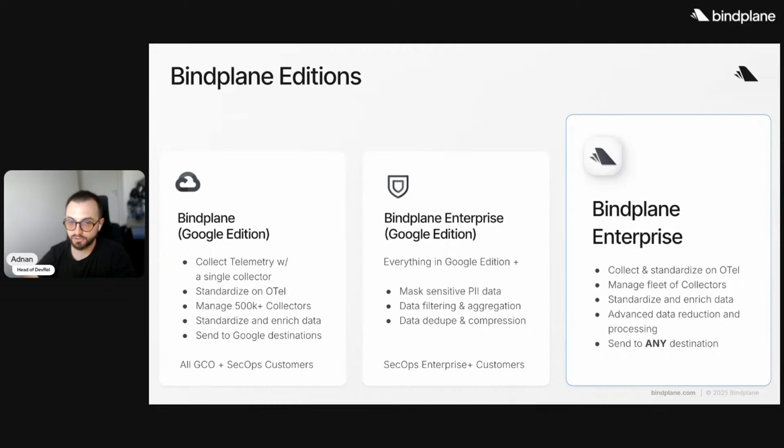So that means if you're migrating away from another SIEM or whatever else observability backend that you're using, you can do that very effortlessly. And then of course, the ultimate Bindplane Enterprise is fully featured with basically everything, and you can also send to any destination. Yeah, that's a quick rundown of the editions.